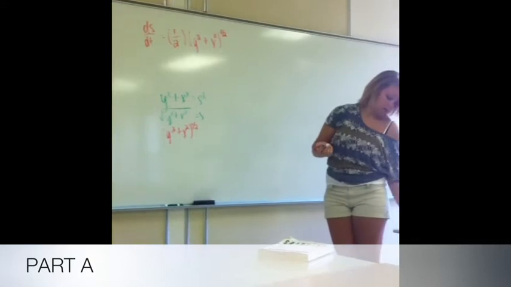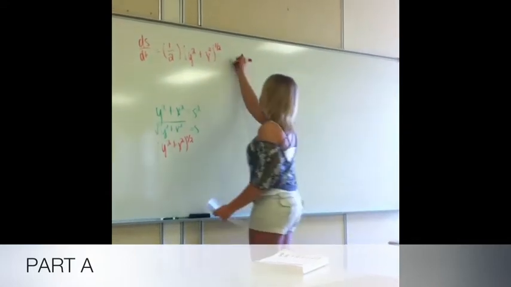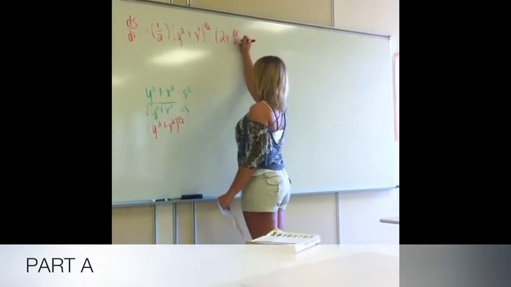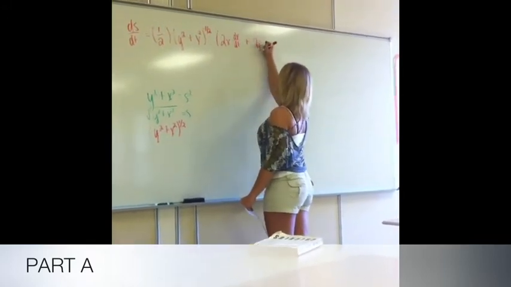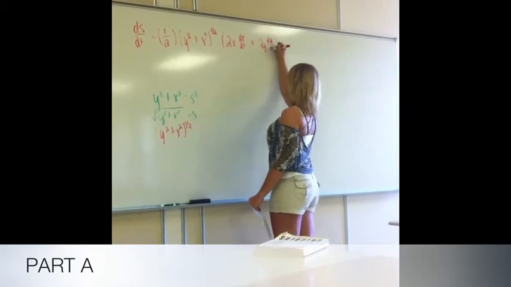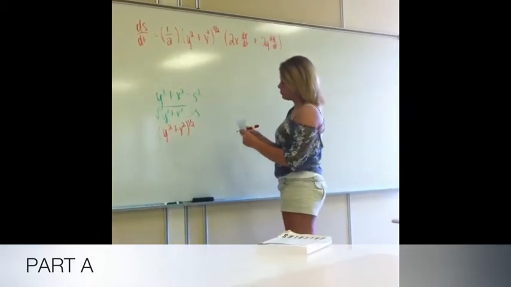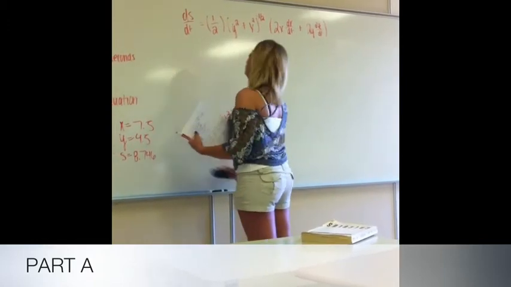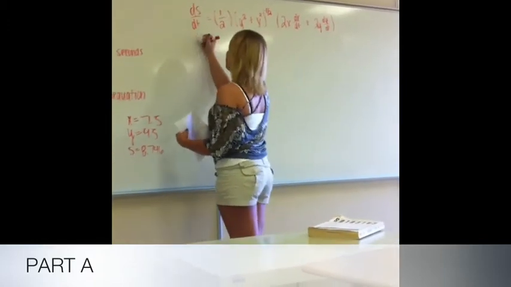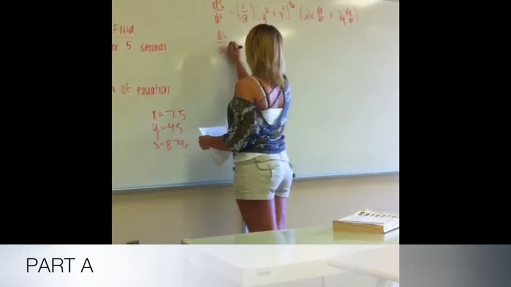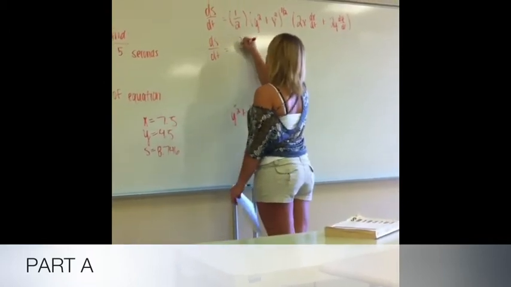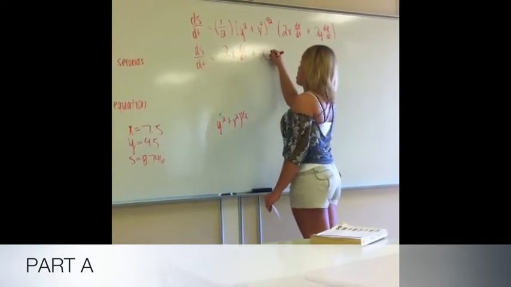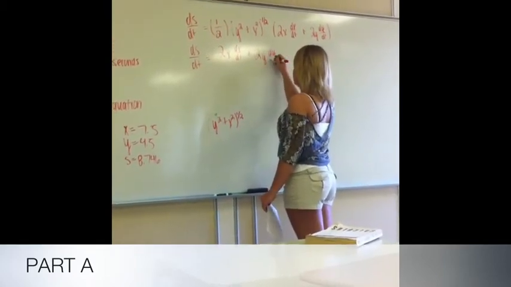So that's going to equal 2x dx/dt plus 2y dy/dt. And then if you simplify that and put it all together, you get 2x dx/dt plus 2y dy/dt.